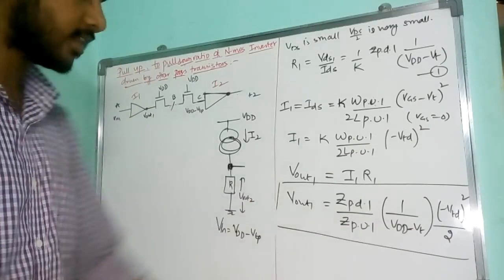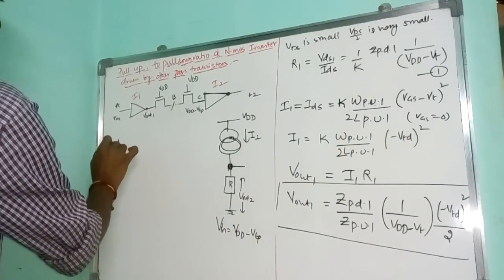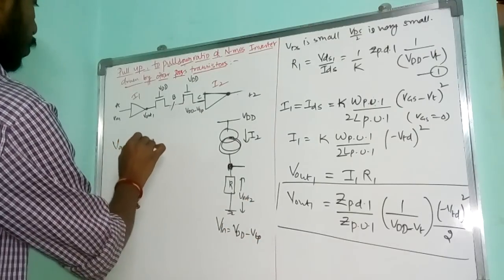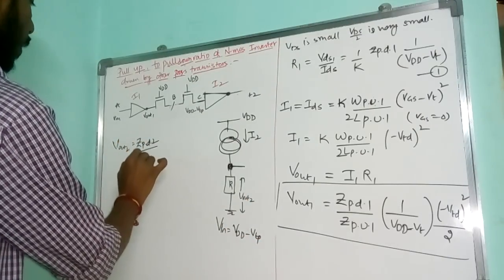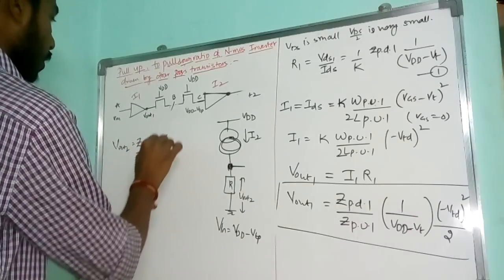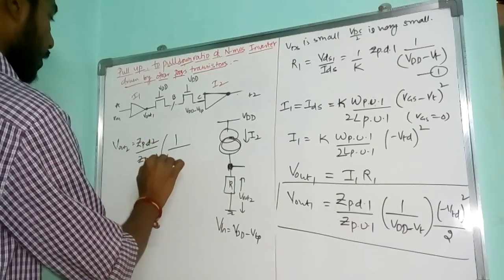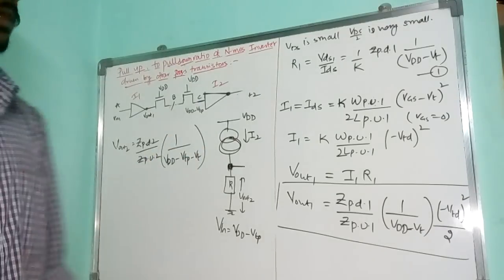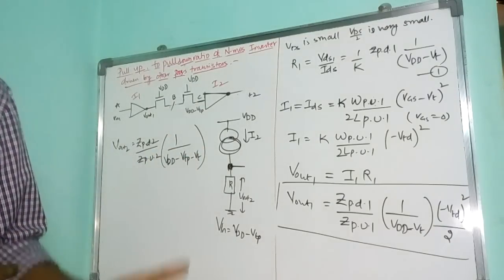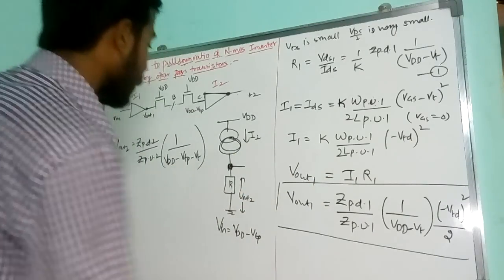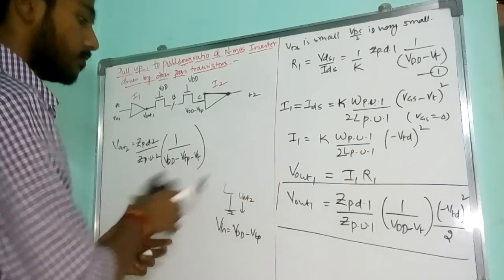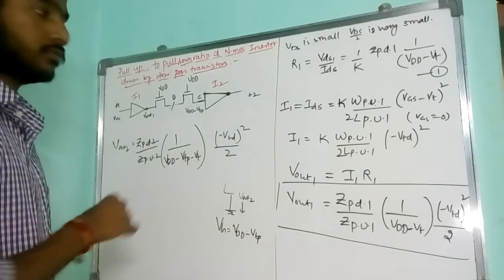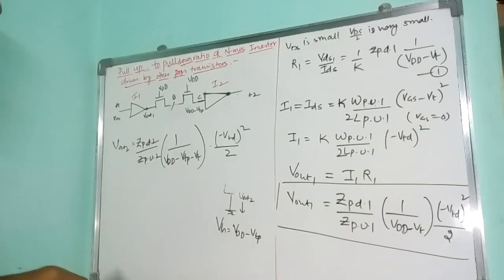Now the only thing that changes is my Vout2 will be Z pull down 2 by Z pull up 2 into, in place of VDD, I get VDD minus VTP minus VT. That is the only change you observe between Vout1 and Vout2, and here multiplication by minus VTD whole square by 2. Now this is my Vout1 and this is my Vout2.